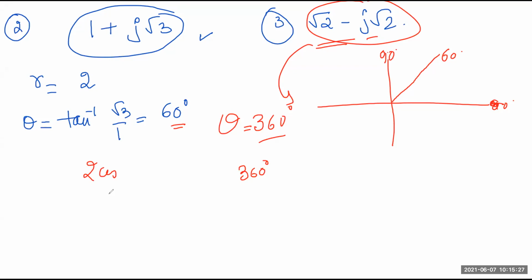Arm CD contains an unknown impedance, and arm DA has a 300 ohm resistance in parallel with a 0.1 microfarad capacitor. Find R and C and L constants of the arm CD, considering it as a series circuit. So let us do this problem first.